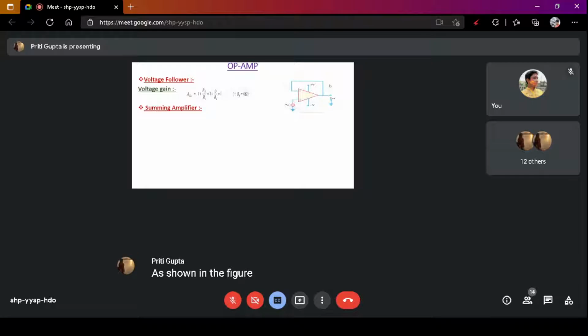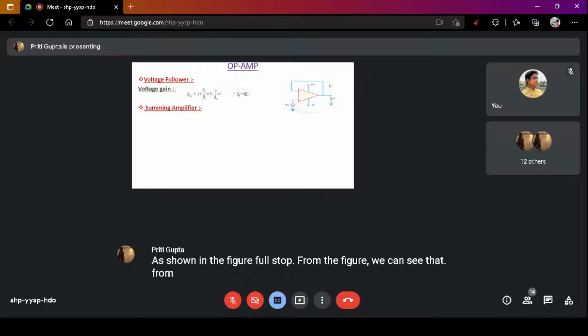Full stop. From the figure we can see that RF and RI have been removed.